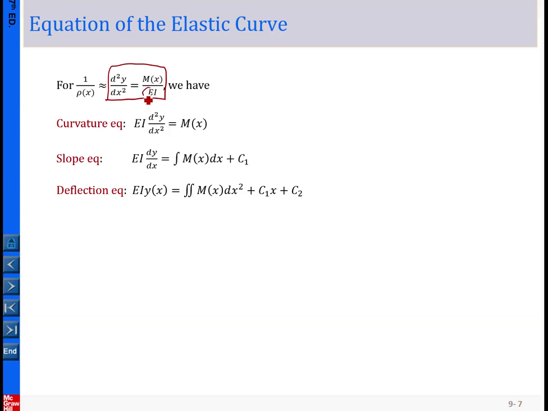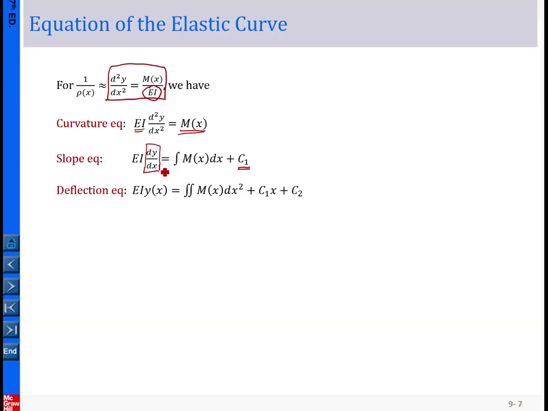Here I multiply EI to the left-hand side, and it becomes like this. This is called the curvature equation. If you integrate both sides with respect to x, you get this, where C1 is the integration constant. Because this is the slope, this equation is called the slope equation.